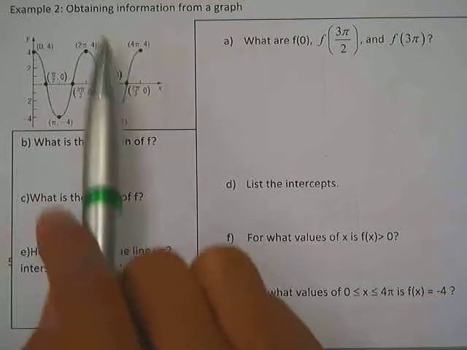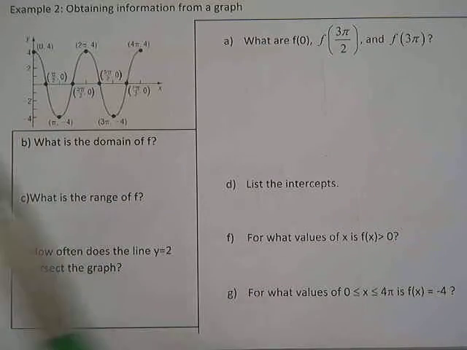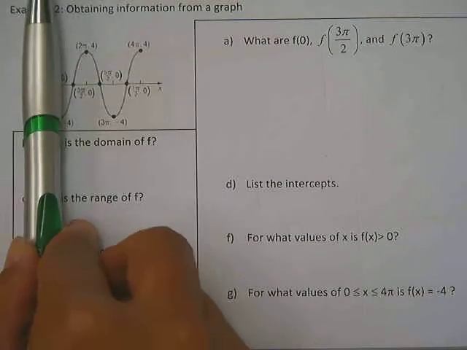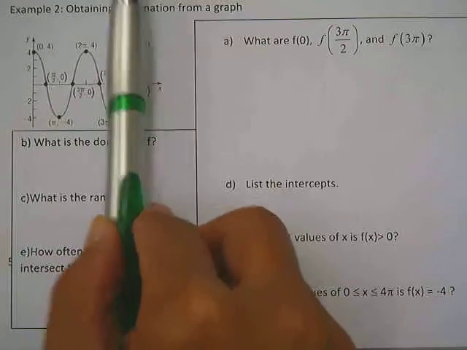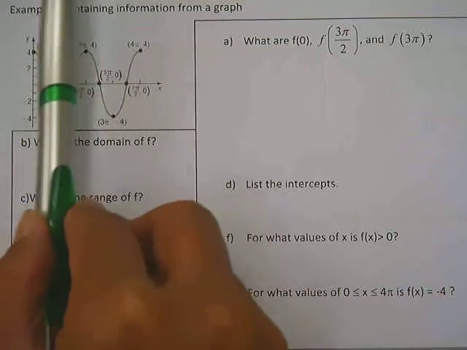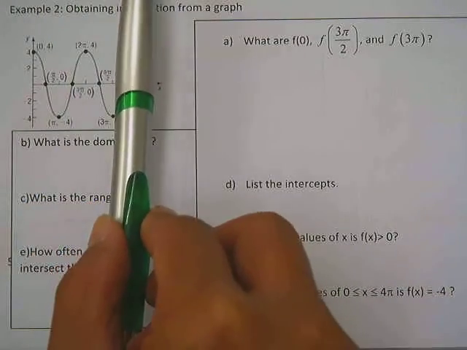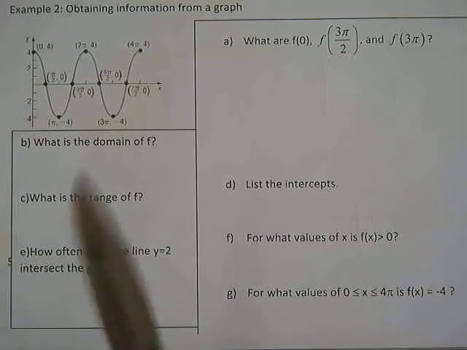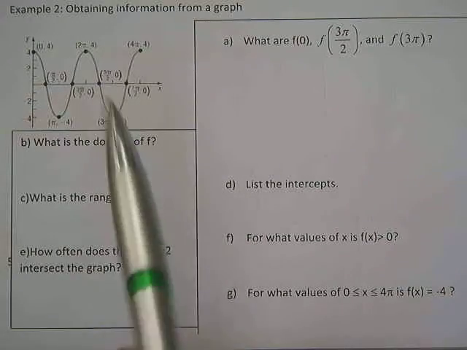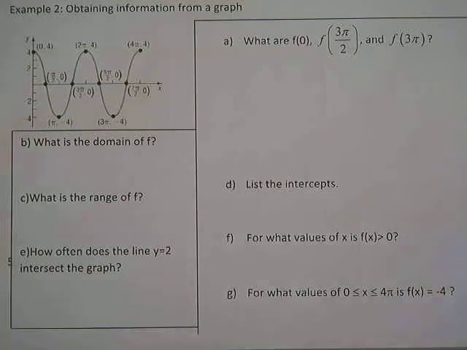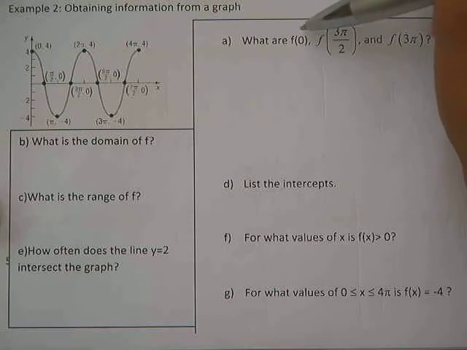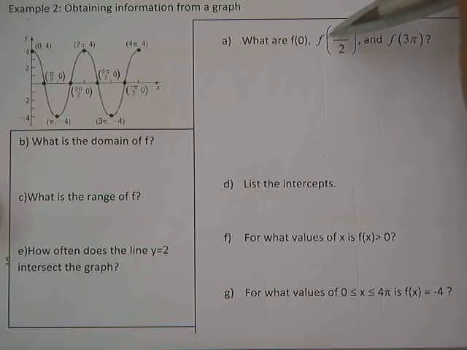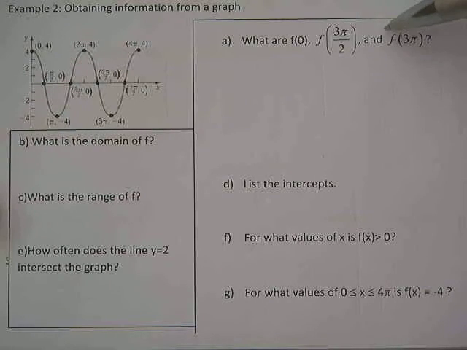I'm giving you a graph here. It's definitely a function because if I draw my vertical lines anywhere, it will only cross or touch or intersect one time. The first question, from this graph, which is not an equation, so don't try to write an equation: what are f of 0, f of 3 pi over 2, and f of 3 pi?